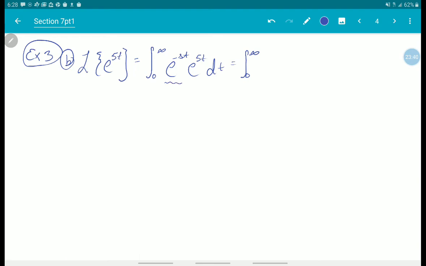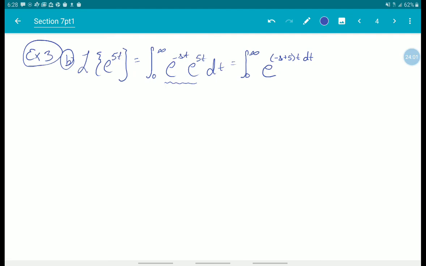So we can combine these using exponent rules. When we multiply and we have the same base, we add the exponents together. So that's e to the negative s plus 5 times t dt. I'm not going to use that limit definition on this.